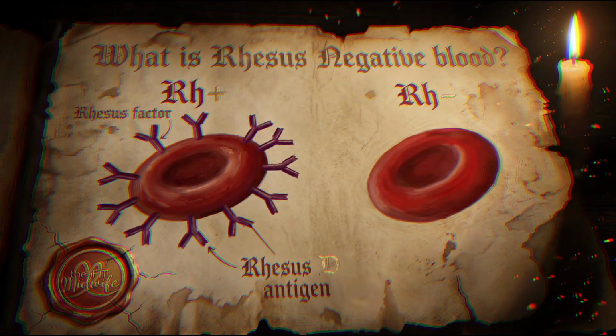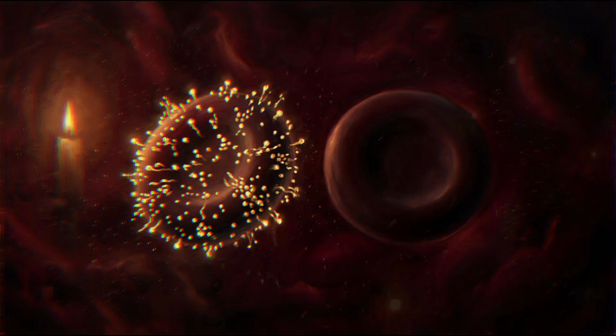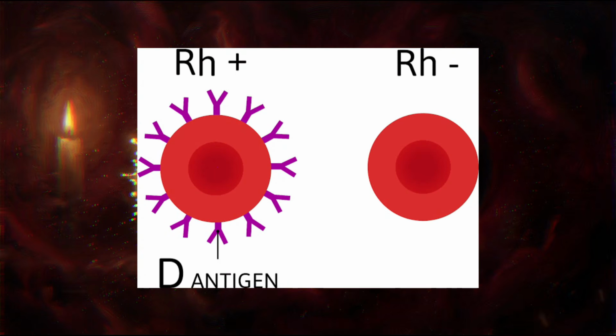It refers to one specific protein, the RhD antigen, sitting on the surface of your red blood cells. If you have the protein, you're Rh positive. If you don't, you're Rh negative. That's the whole difference. No copper-based blood, no glowing veins, just the presence or absence of a single protein, controlled by a single gene on chromosome 1.